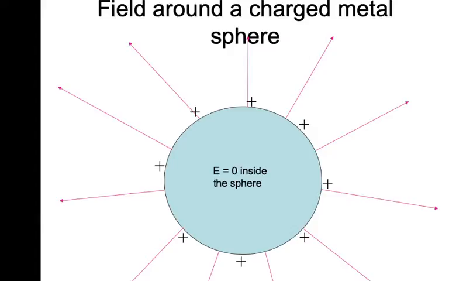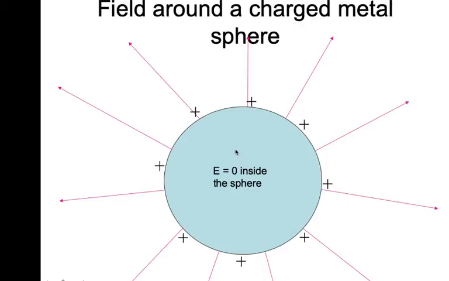All right, now we have fields around a charged metal sphere, very similar. If this is a positive sphere, all of the charge is going to repel to the outside. These positive charges are going to separate as far away from each other as possible, and they're going to leave the inside of the sphere electrically neutral, with zero electric field inside the sphere.